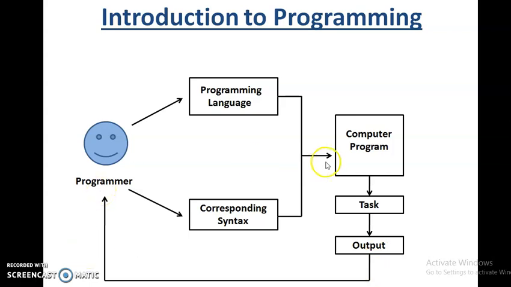Hence, we can say a computer program is made up of a programming language and corresponding syntax that is given by a programmer. That computer program executes some task and gives the output again to the programmer.